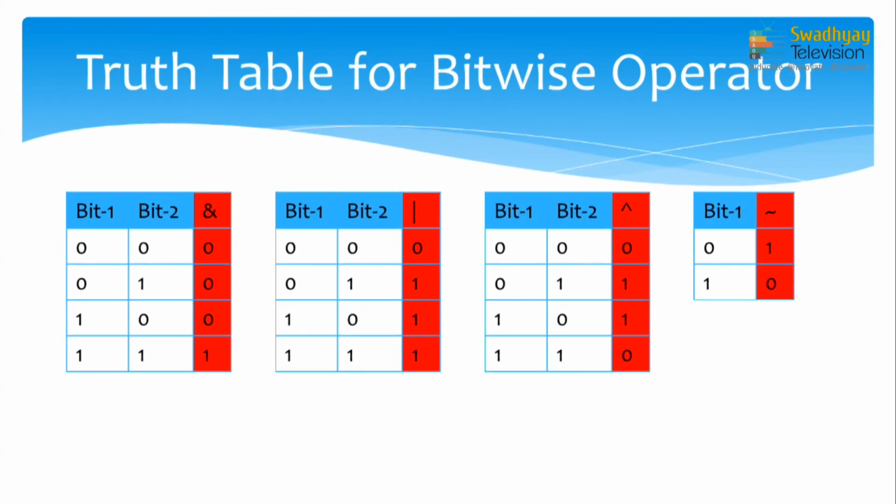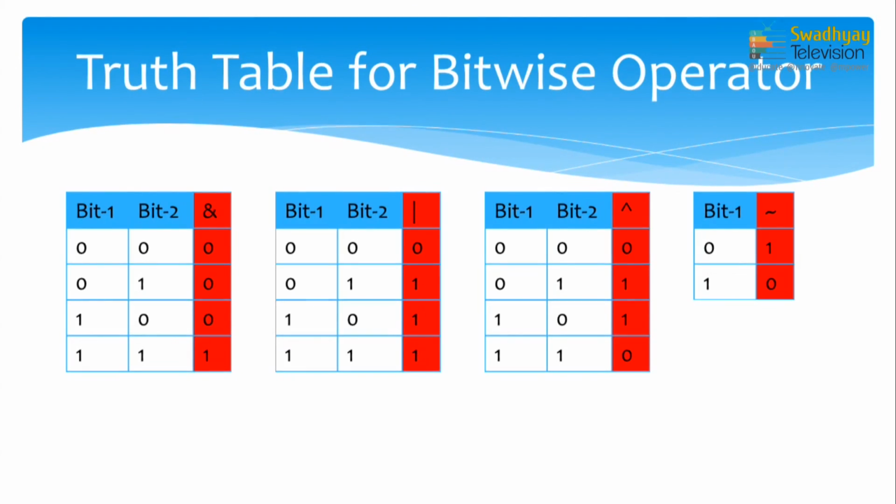But if only one of the operand bits is 1, then we get 1. Last is called bitwise complement. If the bit is 0, it is set to 1, and if the bit is 1, it will be set to 0.